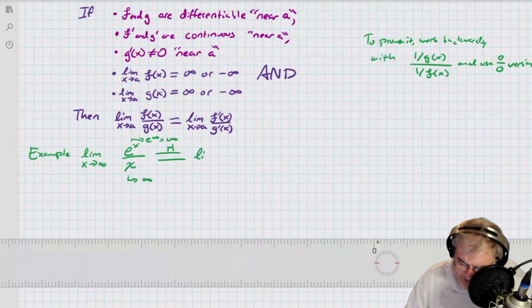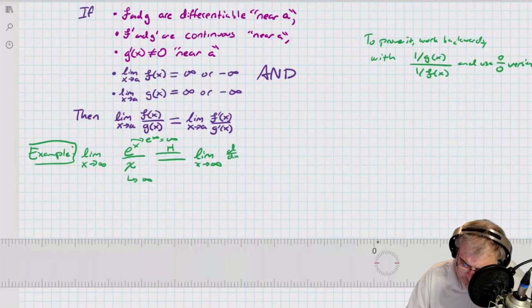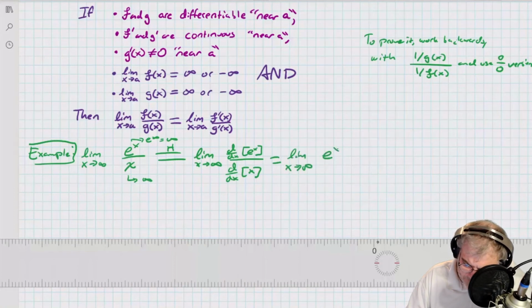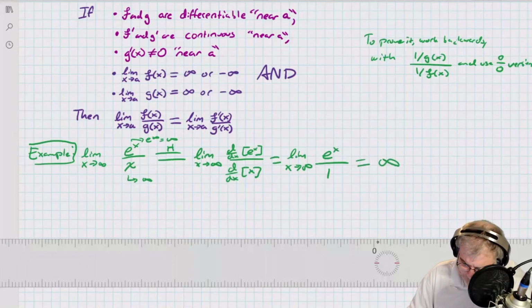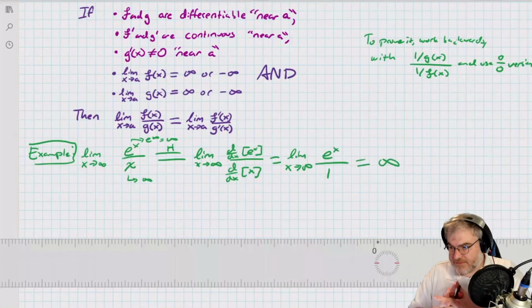And I do the limit as x goes to infinity of the derivative of the top and the derivative of the bottom. So this is the derivative with respect to x of e to the x, and the derivative with respect to x of x. And I get the limit as x goes to infinity of e to the x over 1, because e to the x is its own derivative, and that's just infinity. How do we feel about this one?